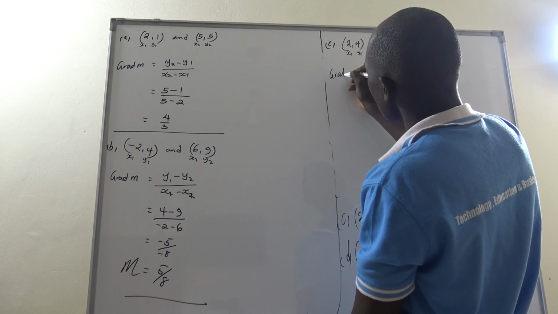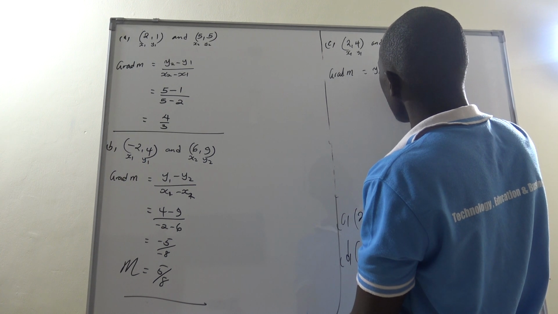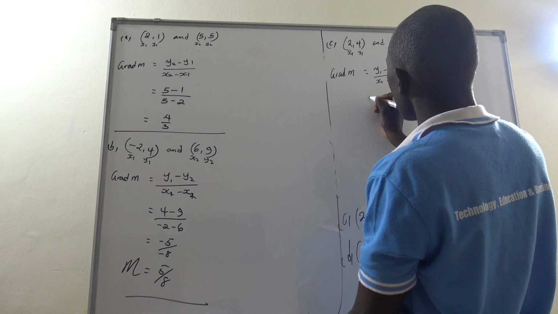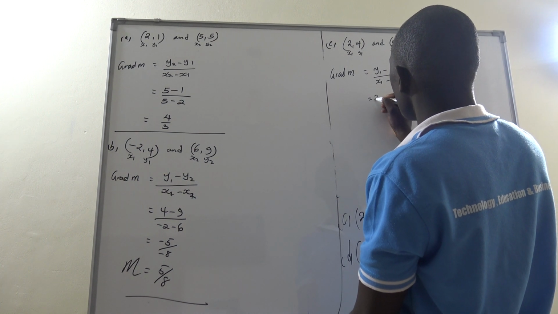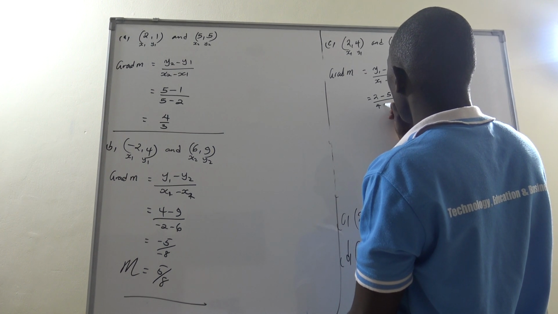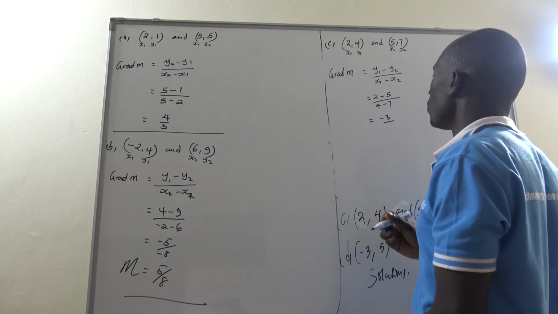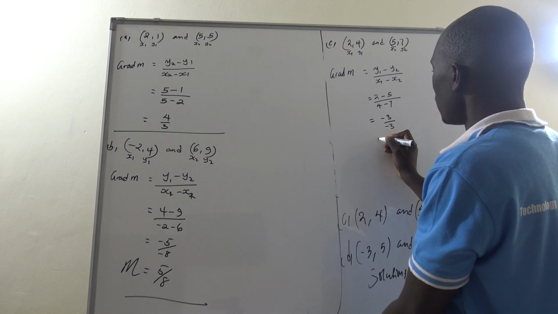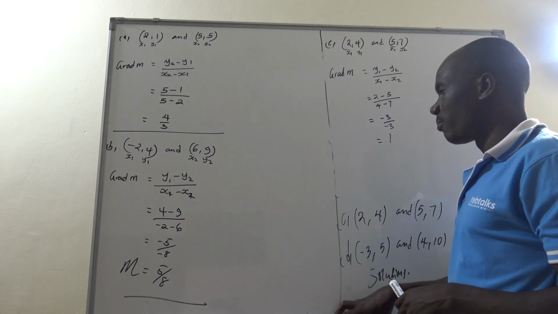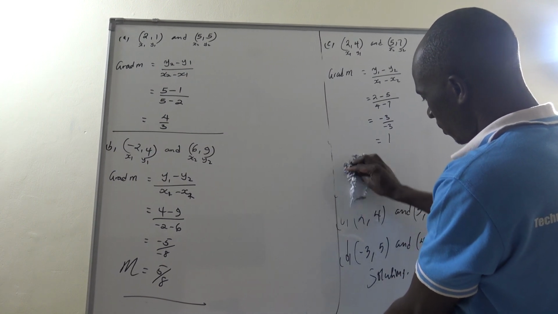We say gradient m equals y1 minus y2 all over x1 minus x2. Y1 is 4 minus 7 all over 2 minus 5, which becomes negative 3 out of negative 3, which is giving us a 1. So I've already got the slope between those as 1.